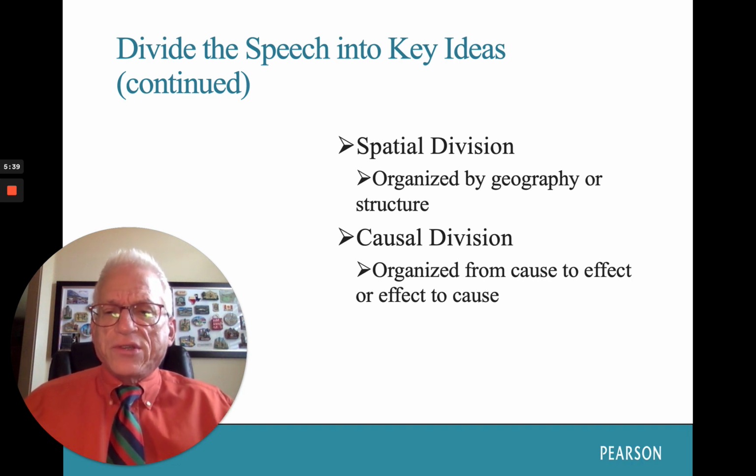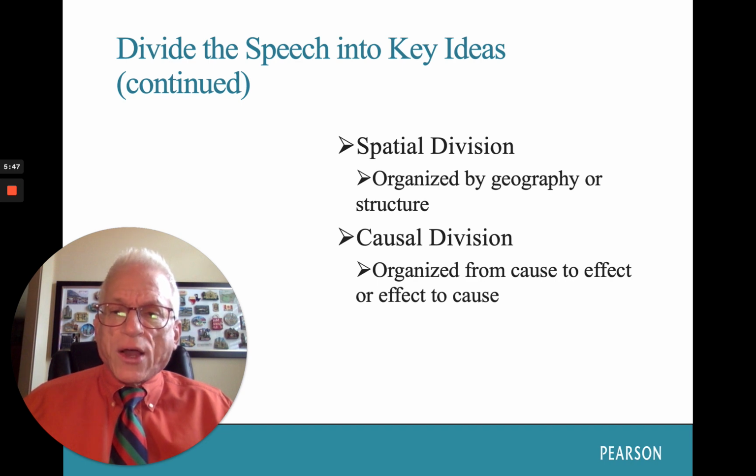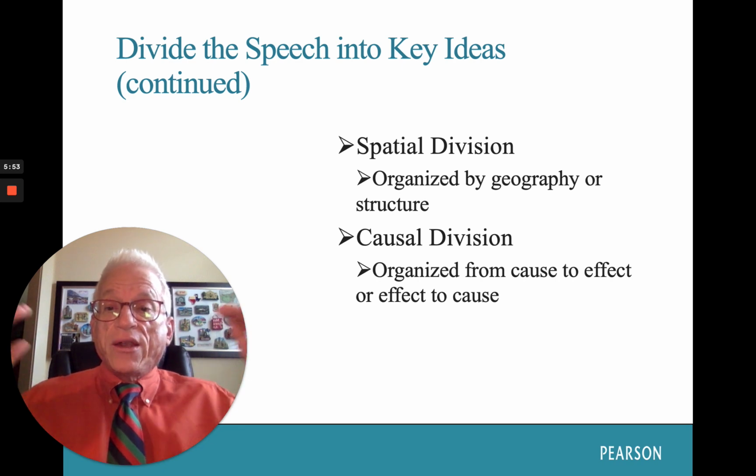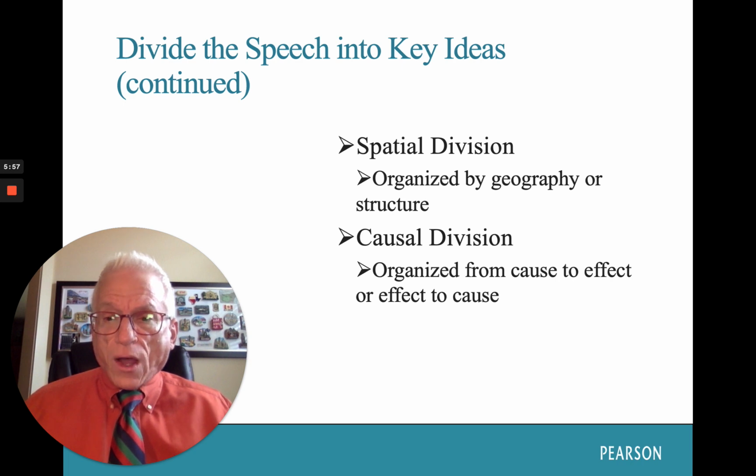An example of this is if I were doing a speech on the Eiffel Tower and I wanted to organize that spatially, I might start at the base of the Eiffel Tower, then I would work up to the central part where the elevators and the stairs are, and then I would go to the top of the Eiffel Tower.